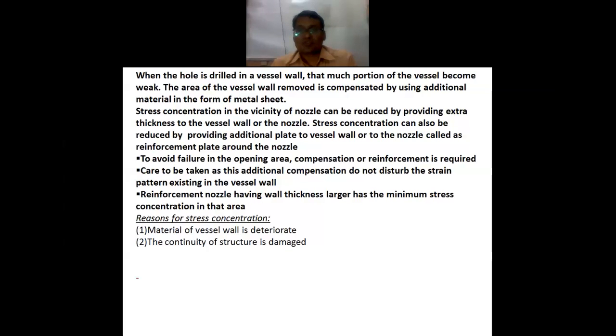This stress concentration can also be reduced by providing an additional plate to the vessel wall or the nozzle, called the reinforcement plate around the nozzle. Why is that required? To avoid failure in the opening area, because it becomes a weak area. So there can be a possibility of failure. To avoid the failure, you are putting this compensating ring or the reinforcing plate.